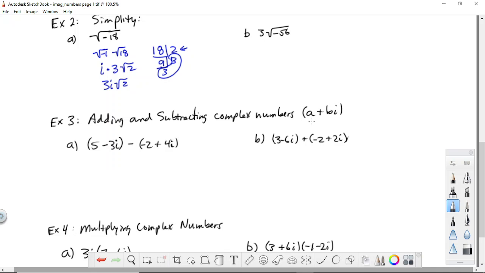These are used all the time in real life in science and engineering. For example, you could have 5 minus 3i. That's a complex number. And negative 2 plus 4i. That's another complex number.